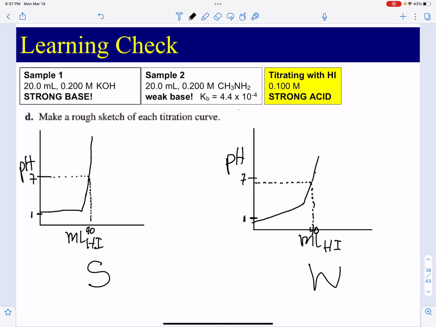And once we go past the equivalence point, we add in the same acid to it. So they should be pretty close. Let's say, actually let me take all this back, because we are titrating a base, right?